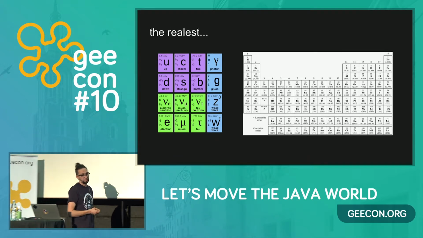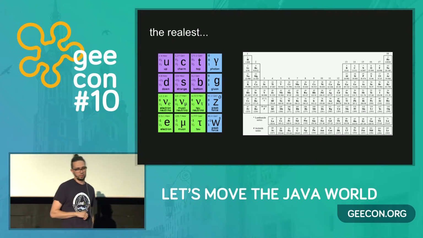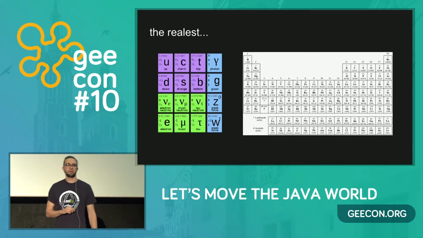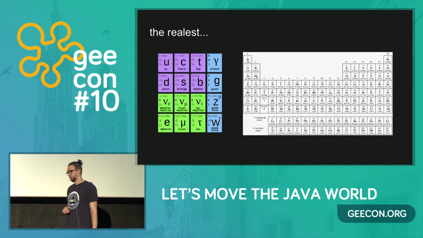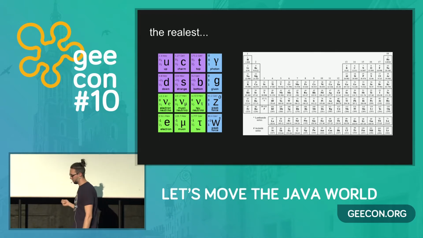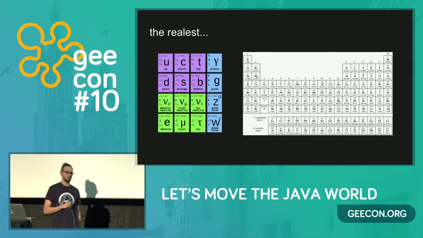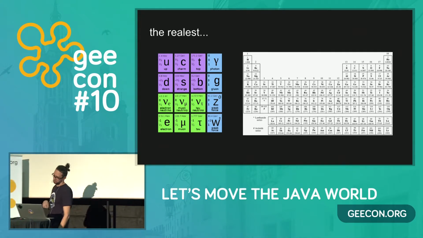And here you have the Standard Model and the periodic table of chemical elements. The first one is great if you are talking about quantum physics, but it would probably be a lot of overhead to use the Standard Model to talk about chemical reactions, although theoretically it would be possible.